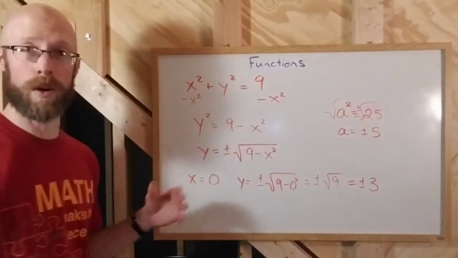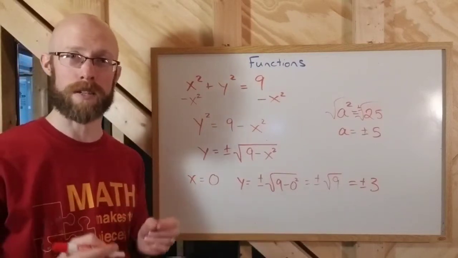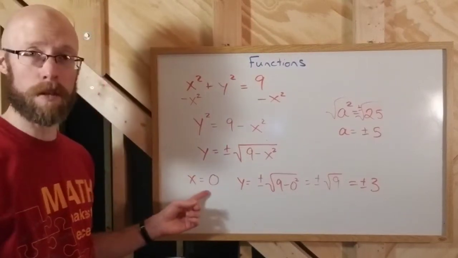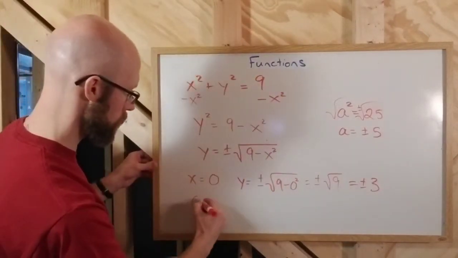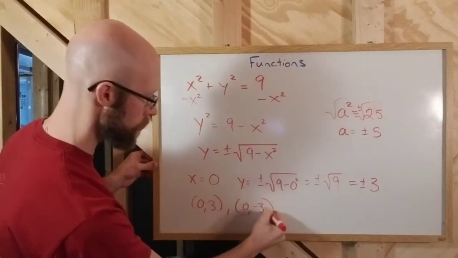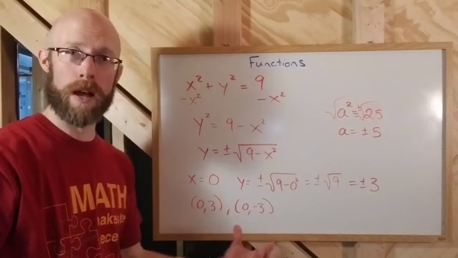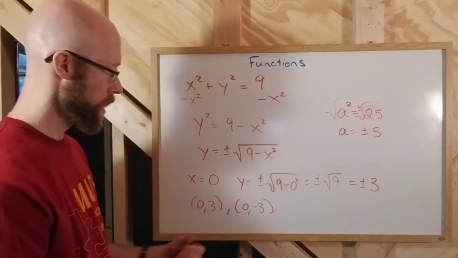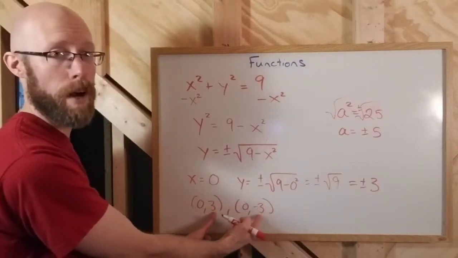And then you say, well, which one is it? Plus 3 or minus 3? The problem is, we've got two possible outputs for the same input. So on this original relation, the ordered pairs (0, 3) and (0, -3) are both on the graph. They're both ordered pairs in the relation. The problem is I have the same input corresponding to two different outputs.